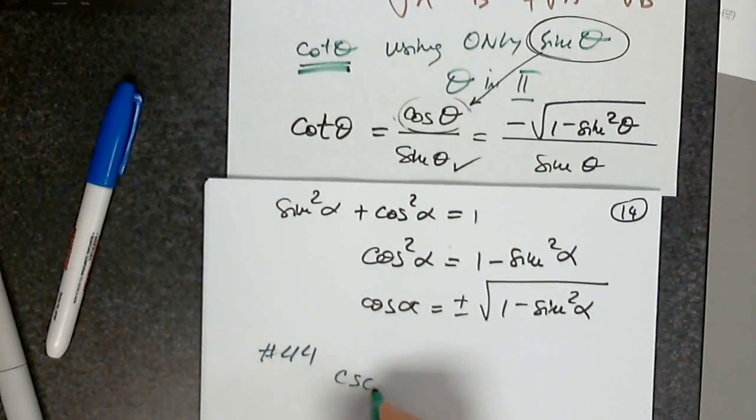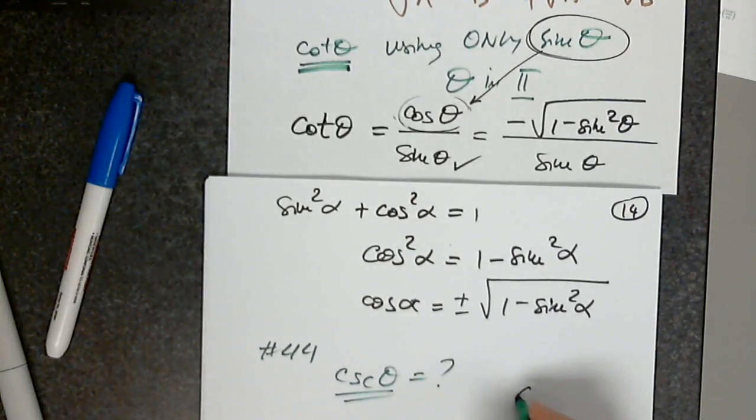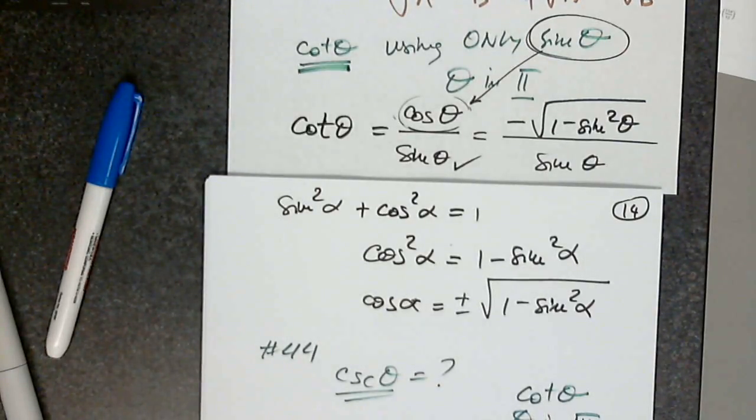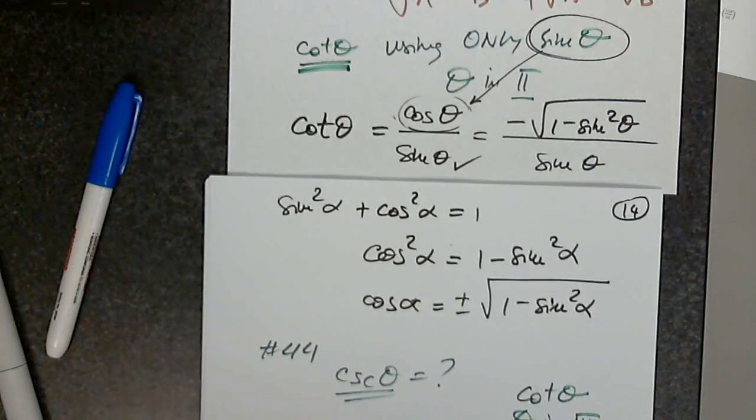So we have cosecant theta. This is what we want to determine. And we can only use cotangent theta for theta in the third quadrant. So I only want cosecant in terms of cotangent.